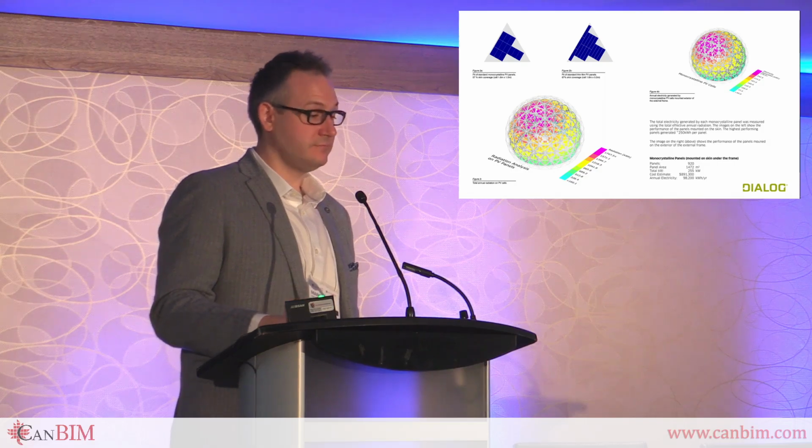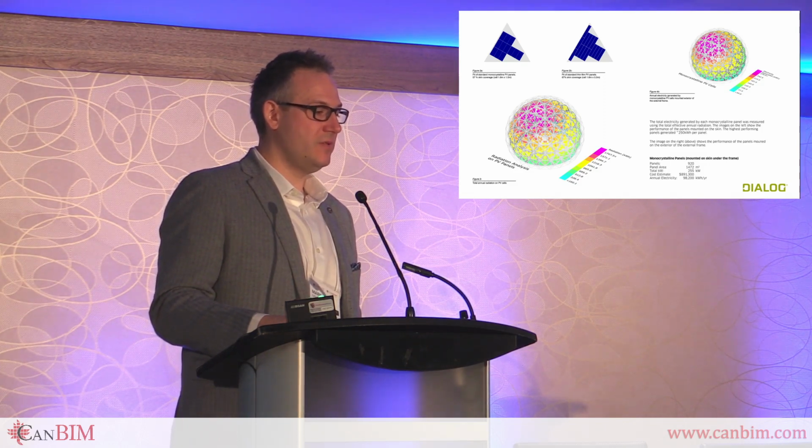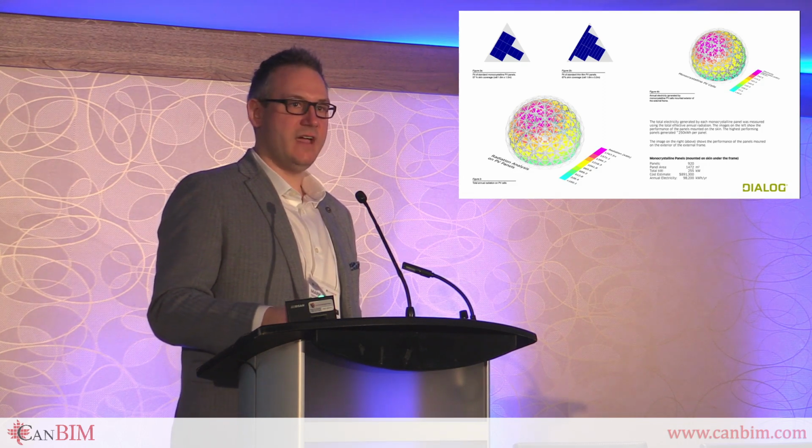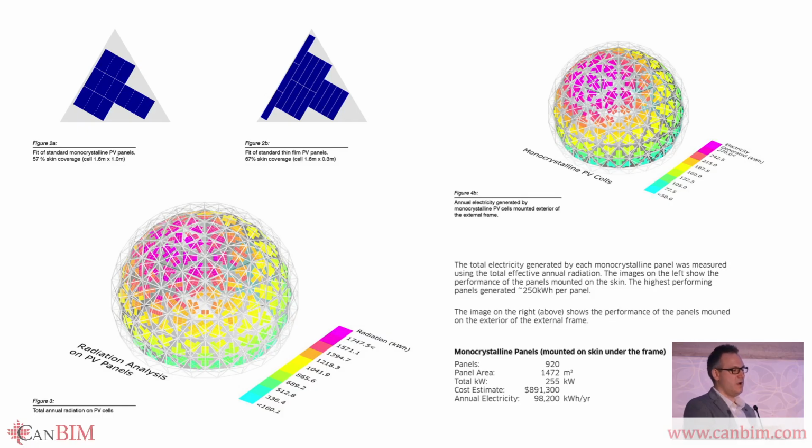And we thought, well, it is a sphere, so your incidental absorption rate is only going to be as the sun tracks. So we were interested in what that would look like too. It sparked our imagination. We thought, okay, we've got these triangles. What's our optimal dispersion or format of panel on that triangle?